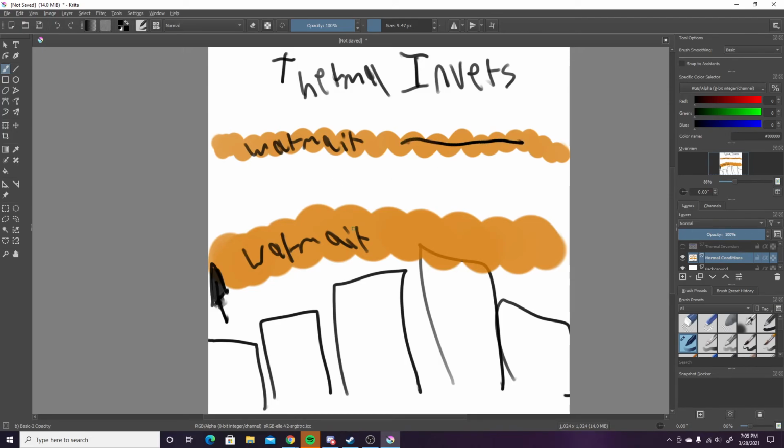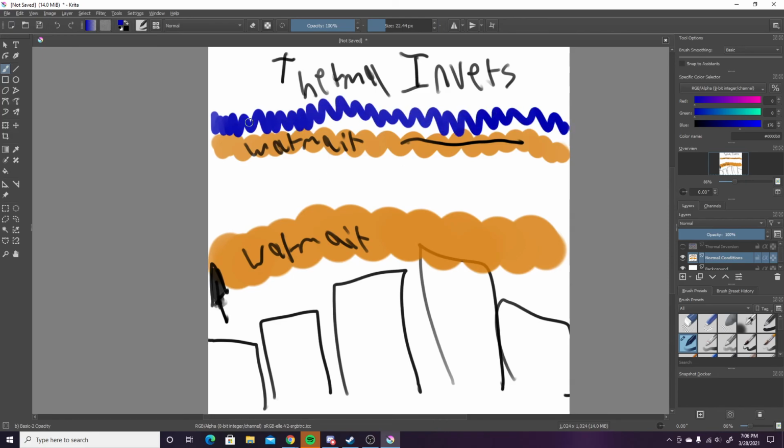And it traps this warm air from actually moving upwards into this cool air right here. So this cool air right here is what is needed, but this warm air over here traps in this warm air over here.